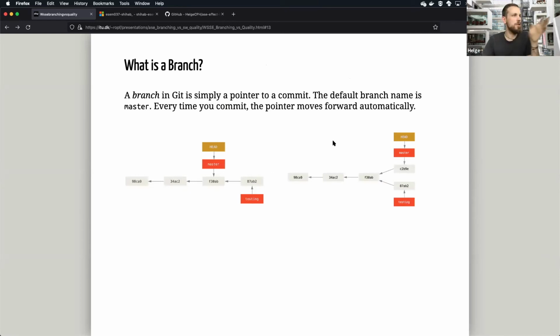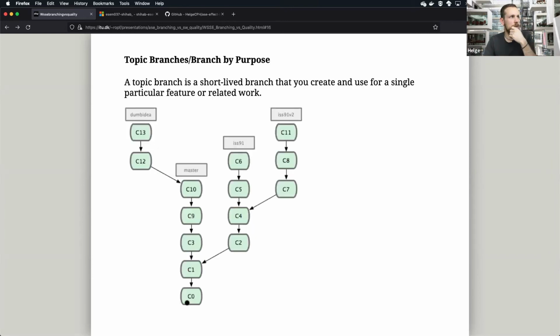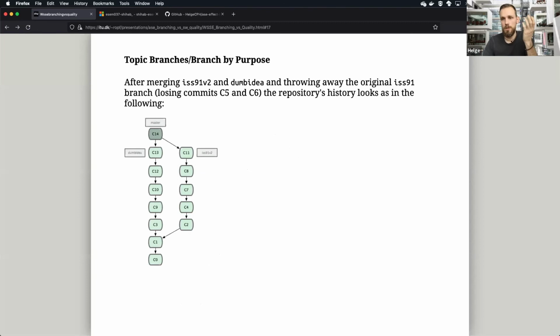Also because, as you see, branches are just these slim pointers to some commits. And as this illustration shows, those pointers to certain commits of branches can be called anything. And especially they can get deleted once we merge branches.